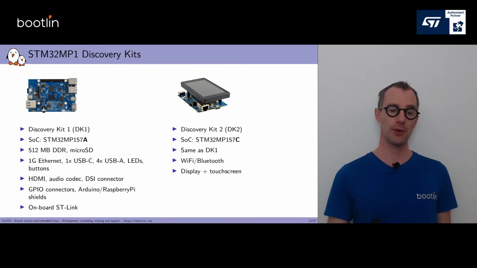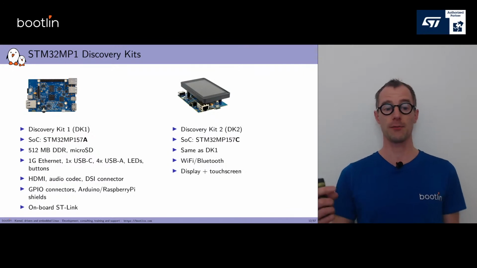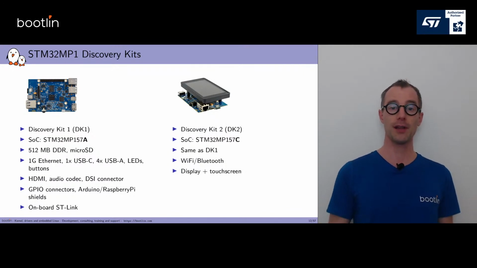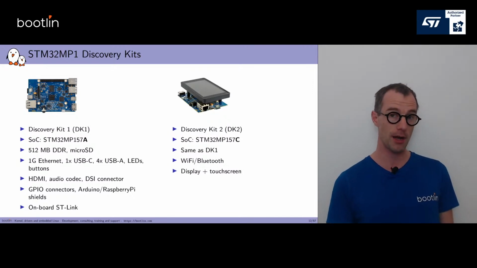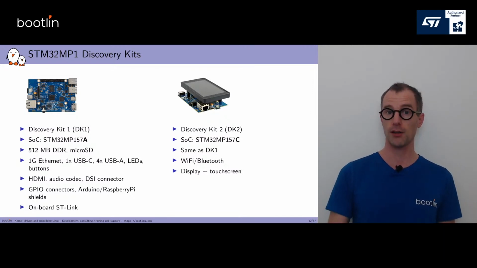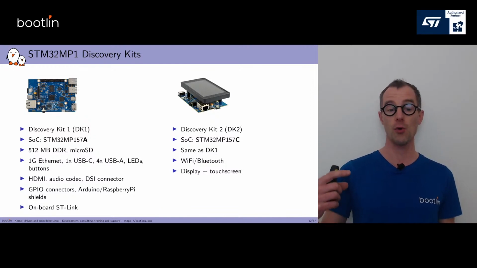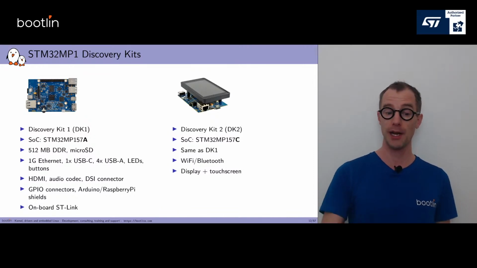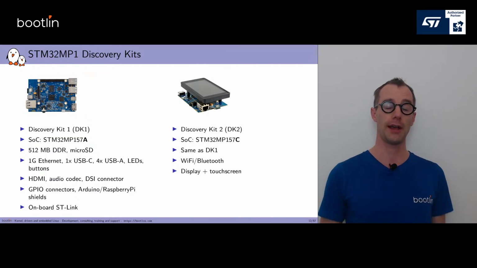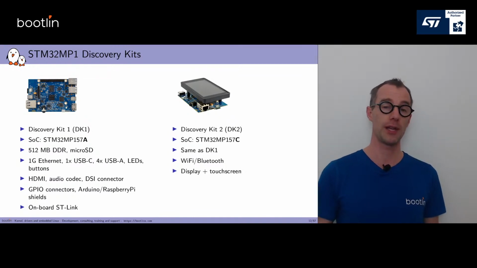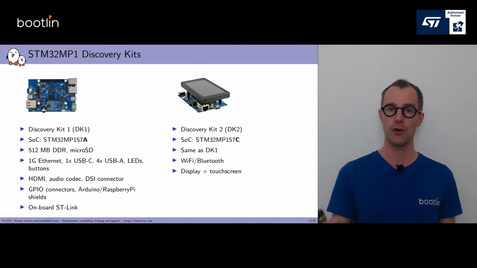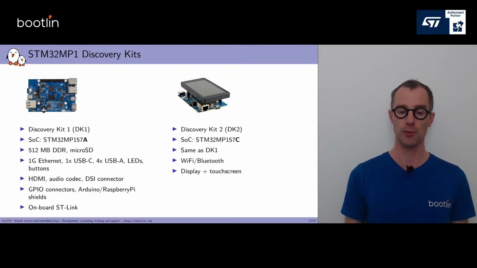It has half a gigabyte of DDR, a micro SD slot, gigabit Ethernet, USB-C, USB-A, LEDs, buttons, HDMI, audio, and a DSI connector for a display. And on the back side, it has an Arduino, Raspberry Pi Shield compatible GPIO connector. So you can plug in extra expansion boards that are widely available for other families of evaluation boards like Arduinos and Raspberry Pis.